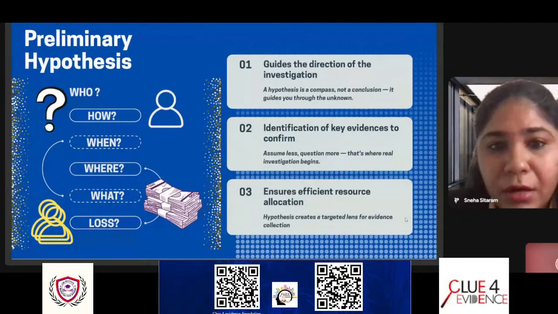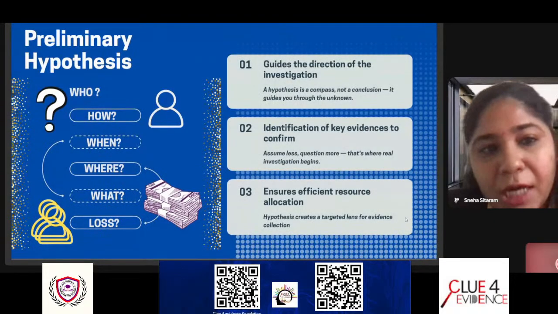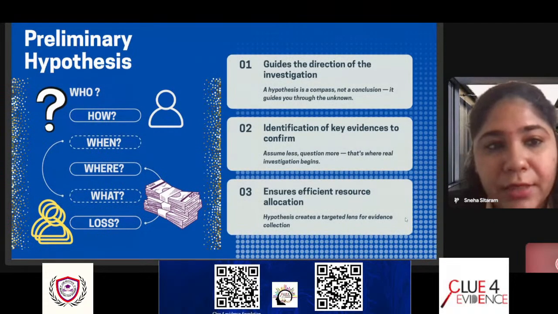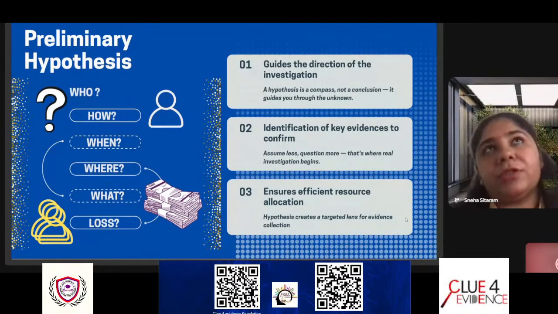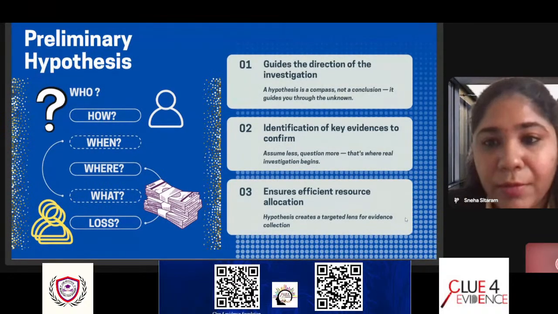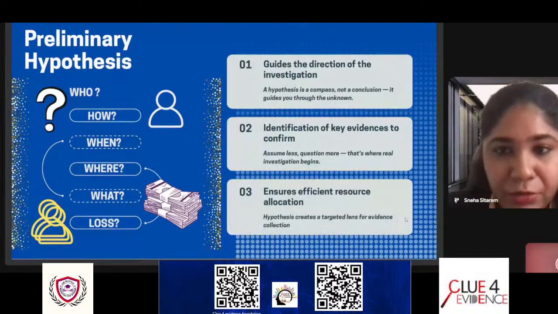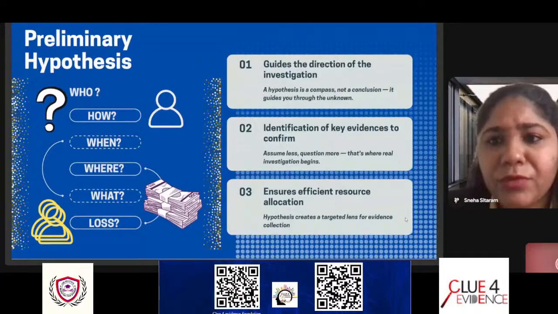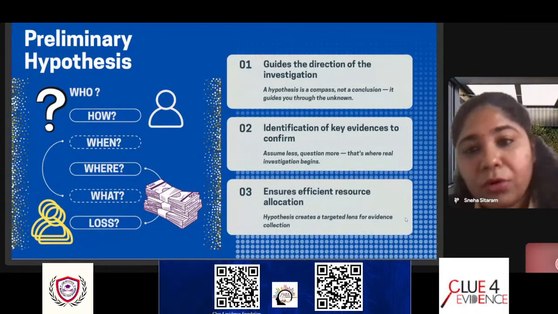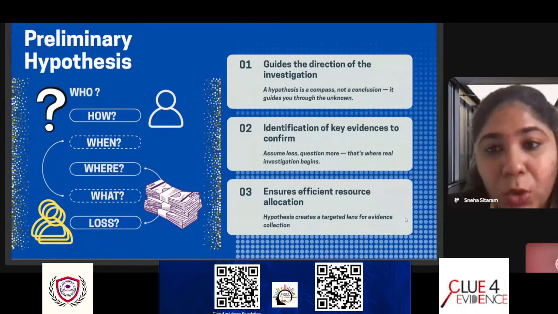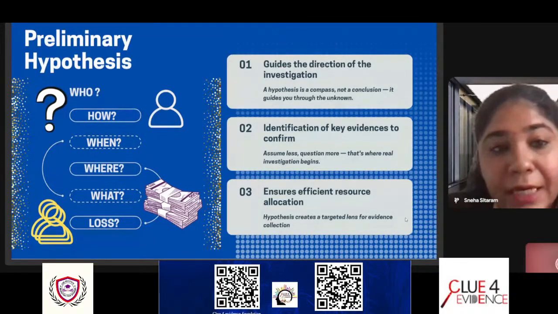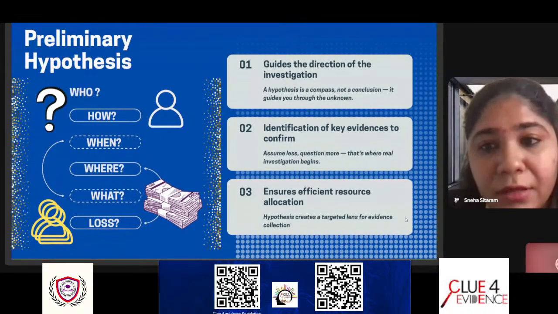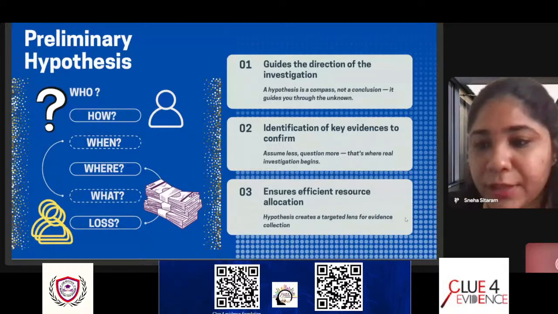And don't assume also. Hypothesis is not assumption. Assumptions we try to rule out from the investigation. We just bring in that questioning, so that it leads us to the key evidences. That is more important.